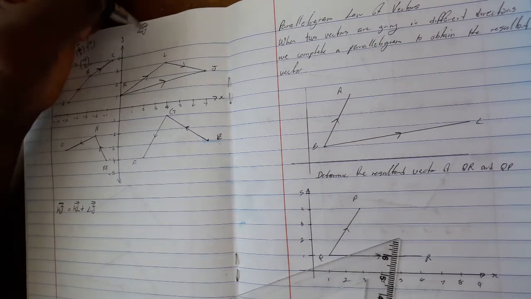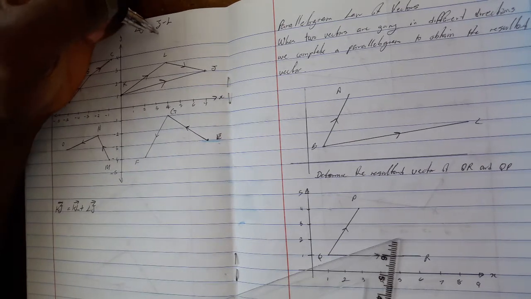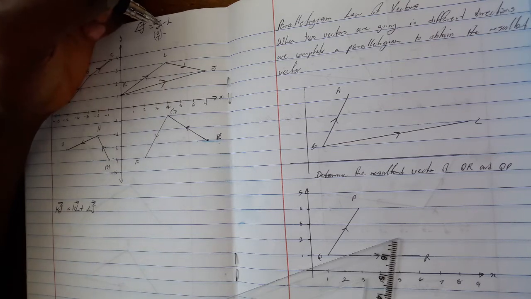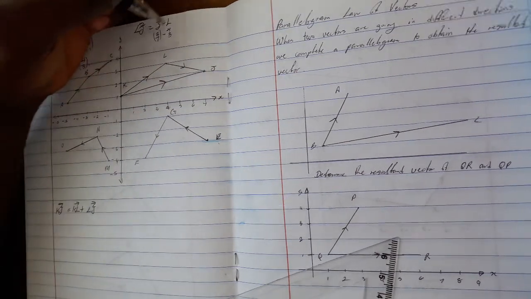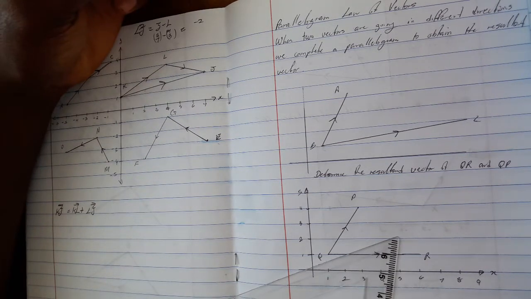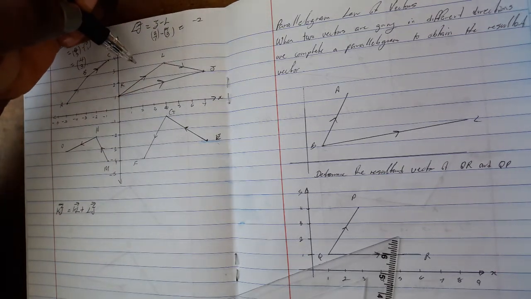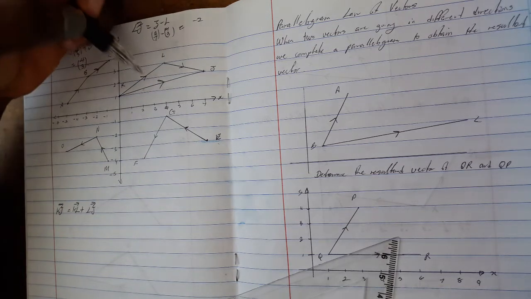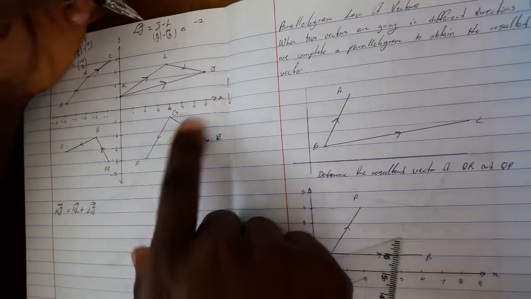Now LJ is J minus L, ending point minus starting point. J is 7 and 2, so 7 and 2 minus L, which is 4 and 3. I have this backwards.